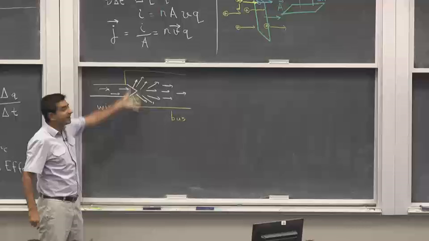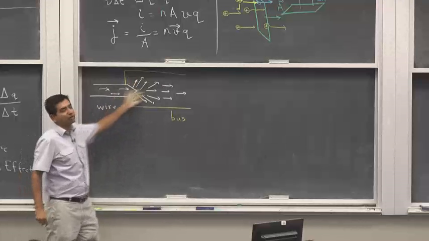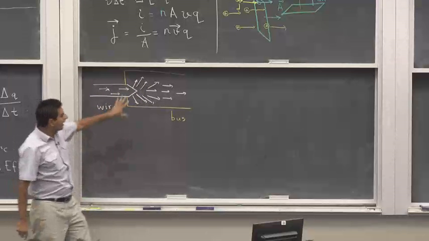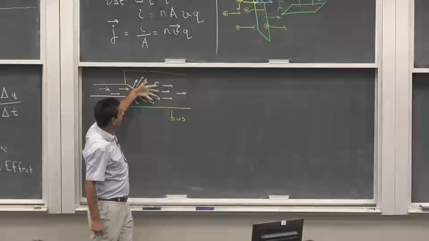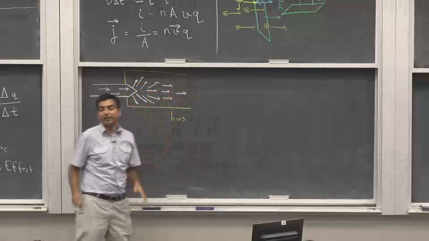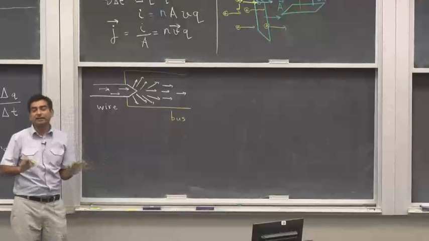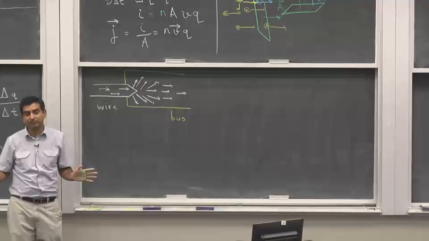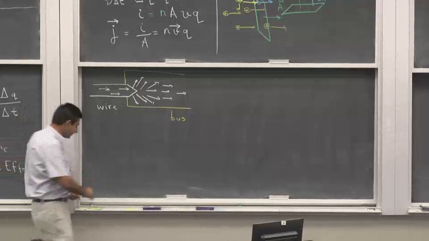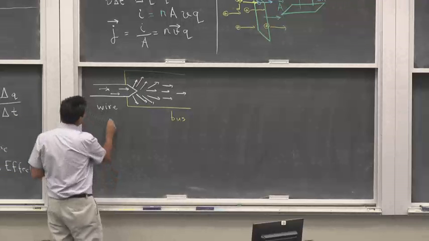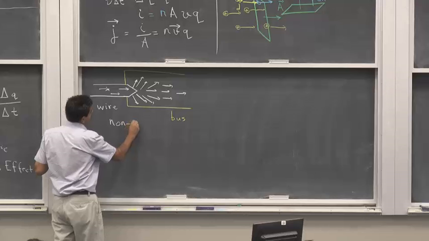So here the J is totally different, it's not along the axis of the bus. Far away from this wire all the J vectors become parallel to the bus. So you can have examples of current densities that are non-uniform. So this is an example of a non-uniform J.